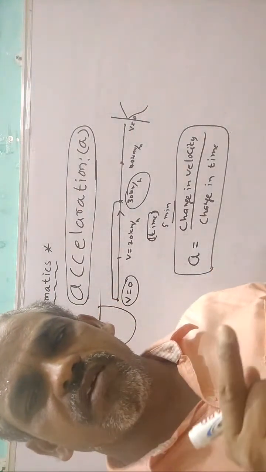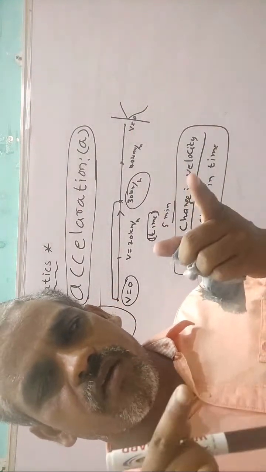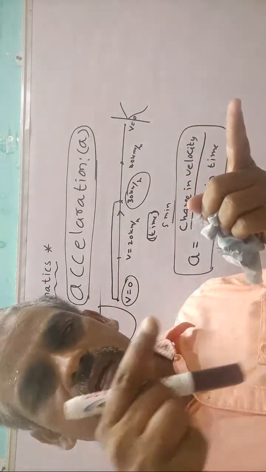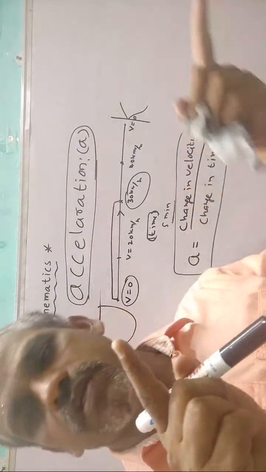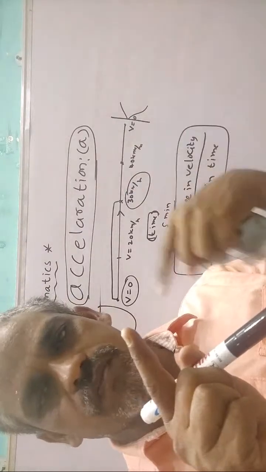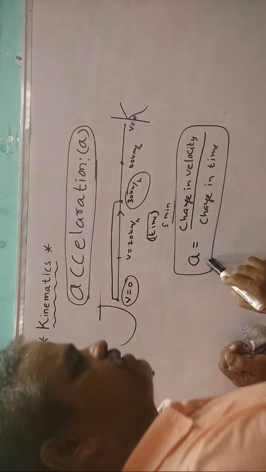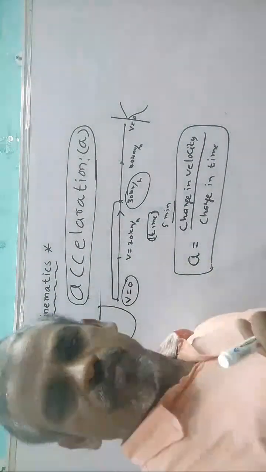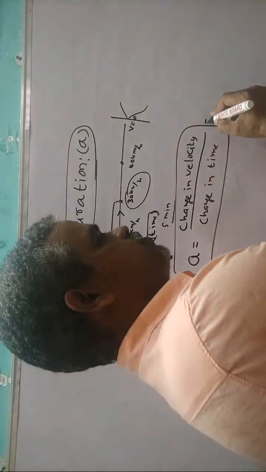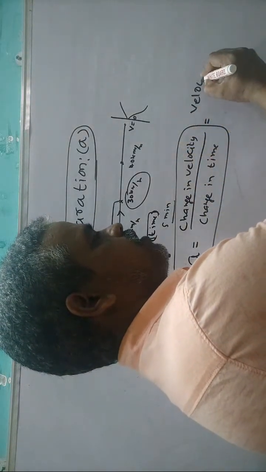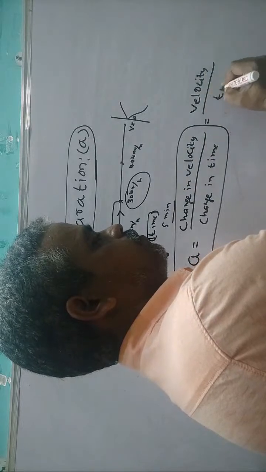If you press the accelerator, you will get speed. If you are driving a bike and increase your acceleration, it will get more velocity. So for this formula, acceleration is nothing but change in velocity by change in time. Change in velocity by change in time.